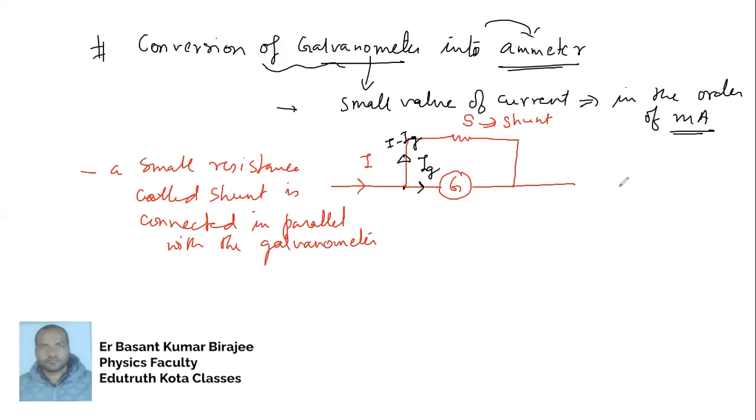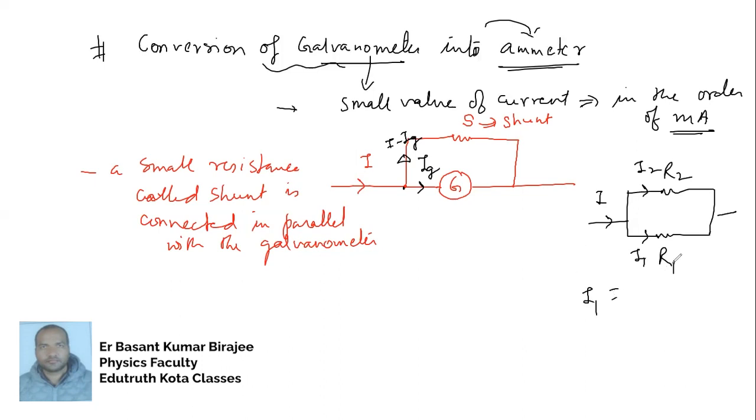You might have studied a parallel combination. Suppose you have a parallel combination, this resistance is R1, this is R2, and this is your current, and the current here is I1, the current here is I2. What is the value of I1?